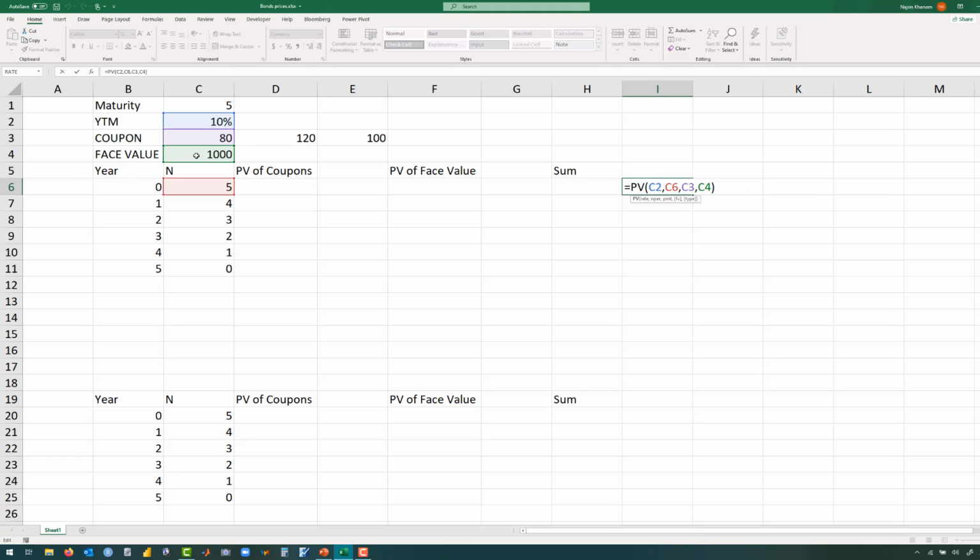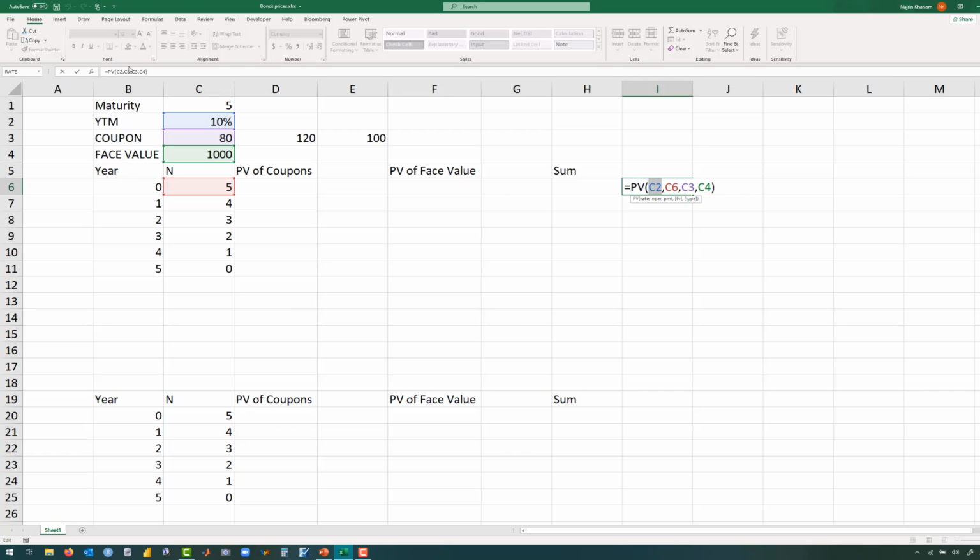To understand what is happening to the price of a bond, we are going to break it down into the present value of the coupons, to see what is happening to the value of those coupon payments over time, and what is happening with the value of the face value over time. Let's fix a few things.